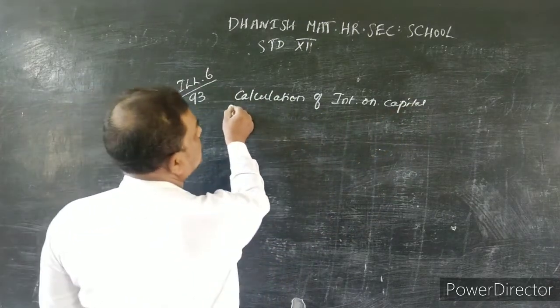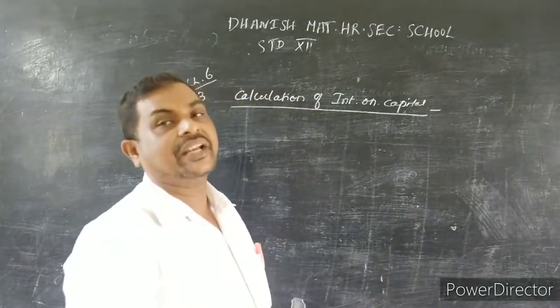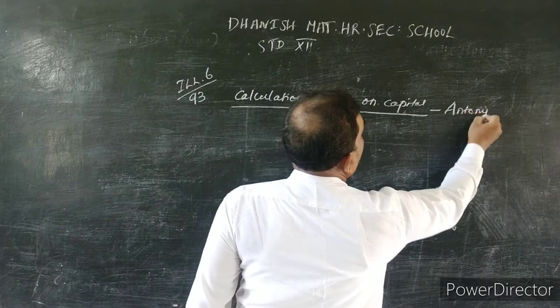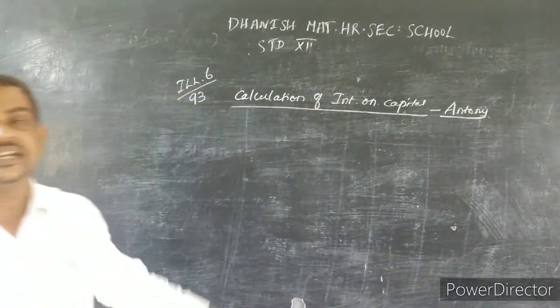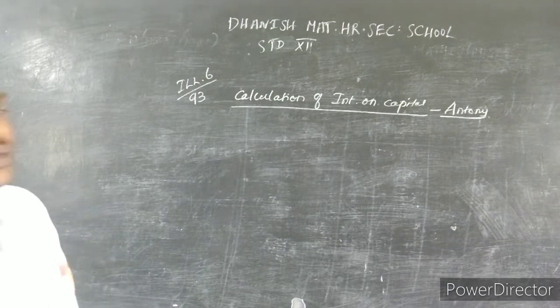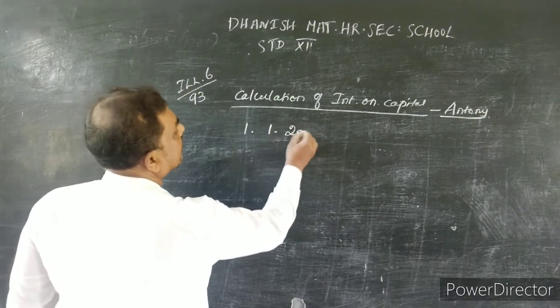The first person is Antony, so you have to put Mr. Antony. First I am going to calculate the interest on capital for Antony.